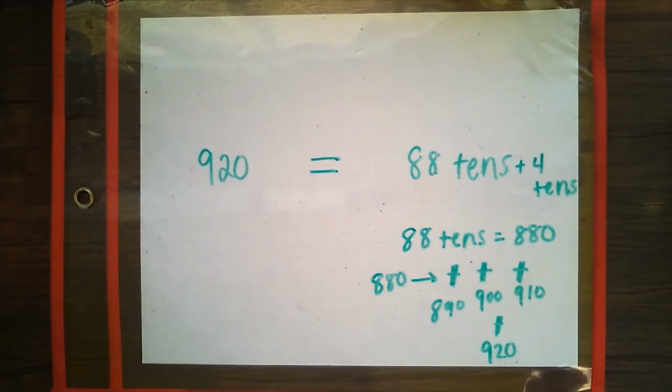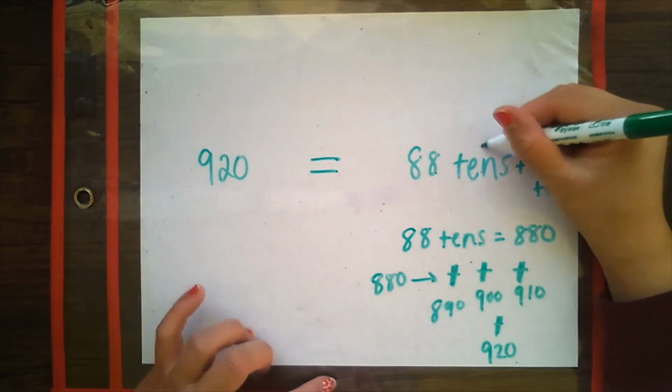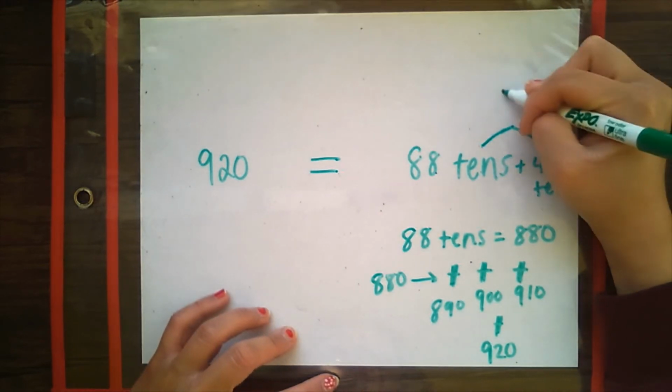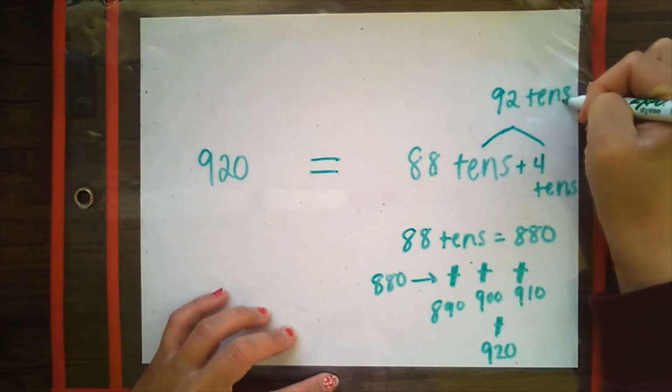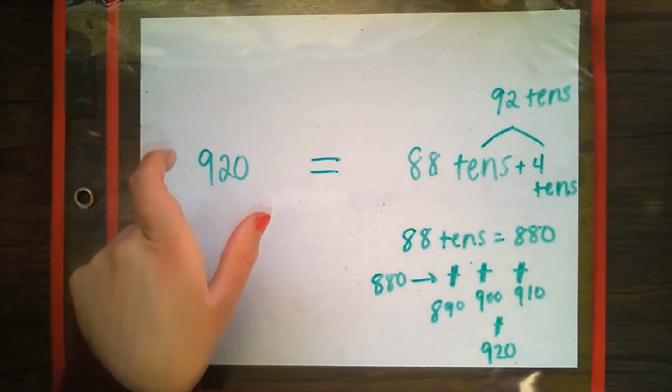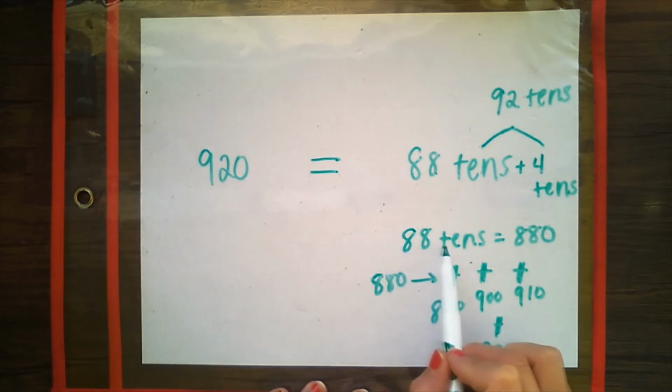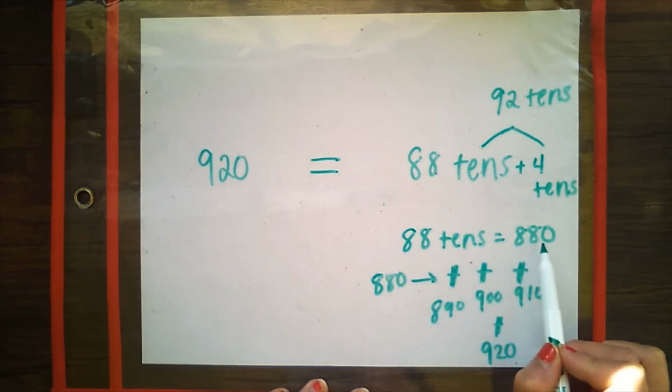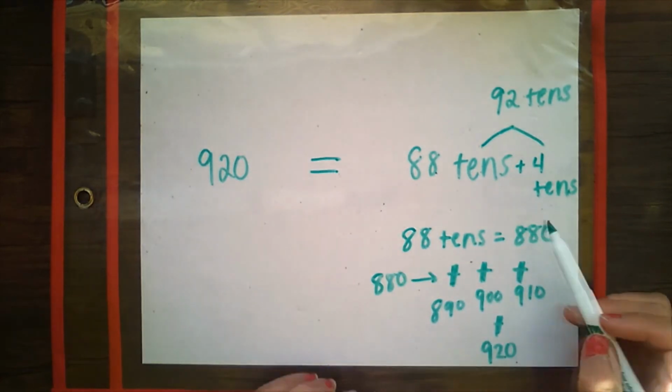So, just like earlier, we figured out that 88 tens plus 4 tens is 92 tens. And then, just to double check that 92 tens was the same thing as 920, we converted 88 tens to 880, or we changed it back to a normal number.